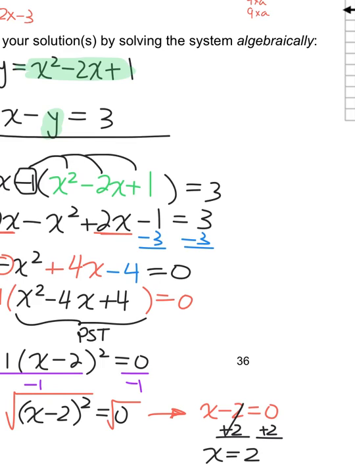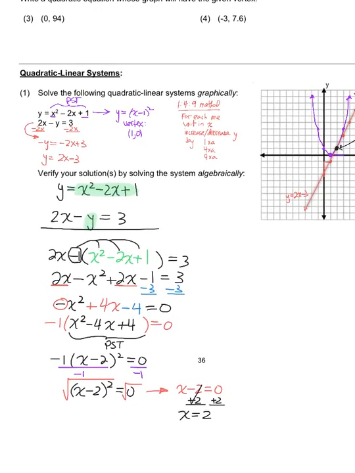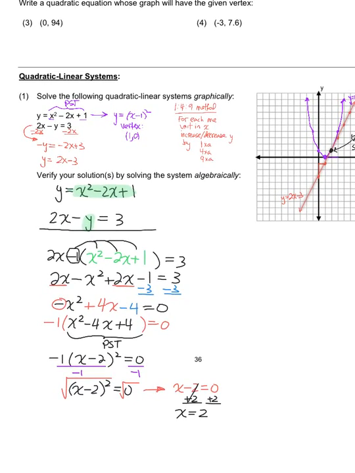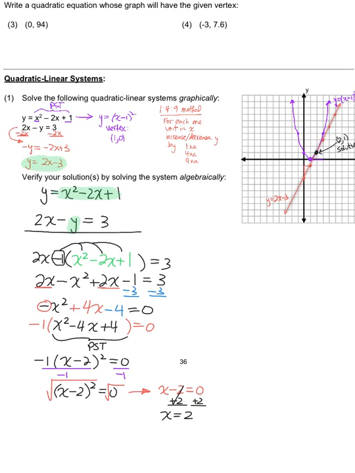All right, now that's not my final answer because I need the y value that corresponds with that x value, but it's a good step because I can kind of be a little sneaky about this. I can go back to some of the work that I did in this part of the problem, where we had discovered that y was equal to 2x minus 3.